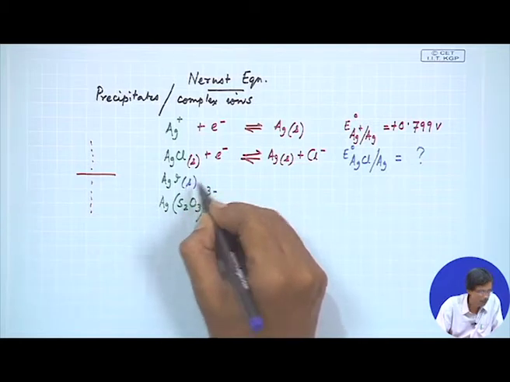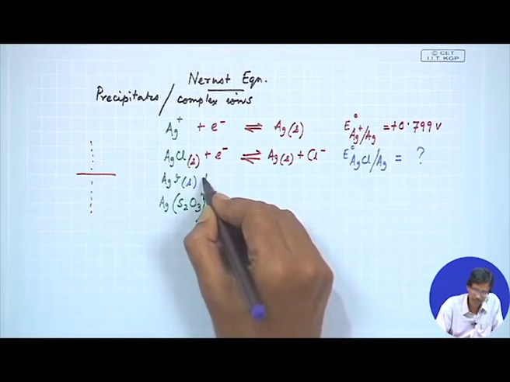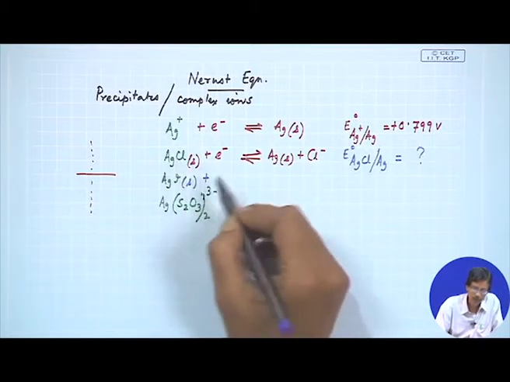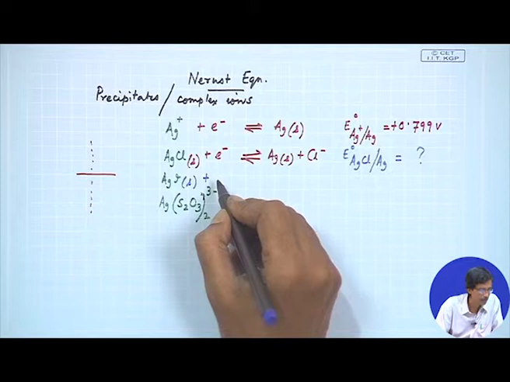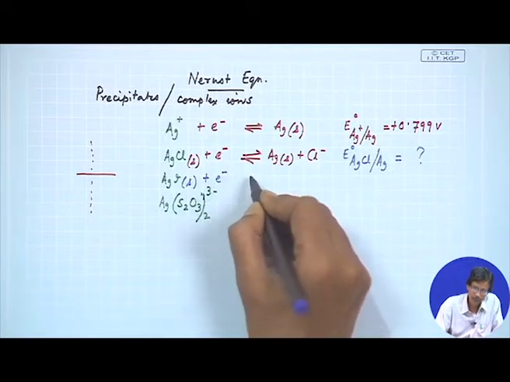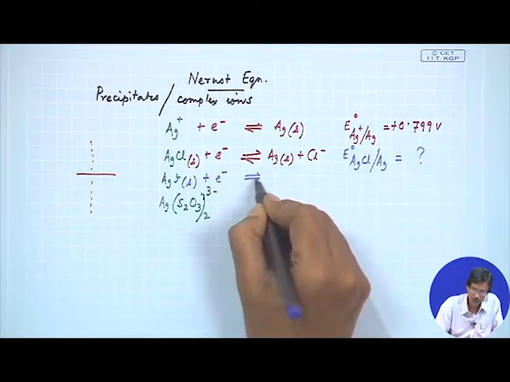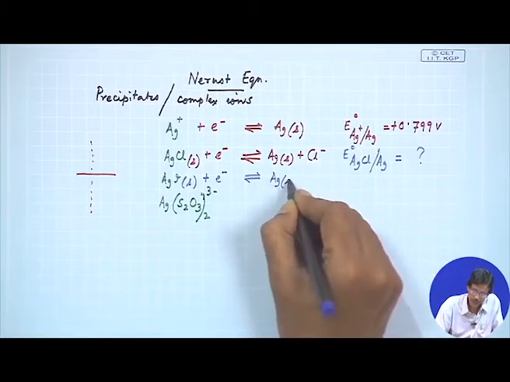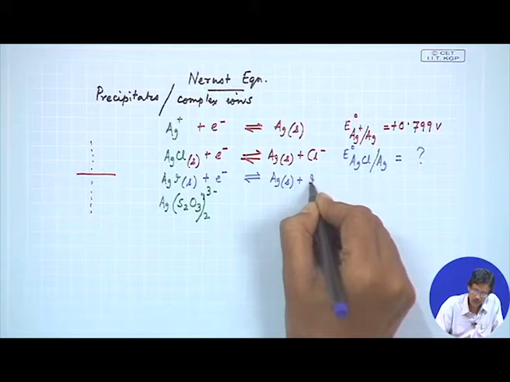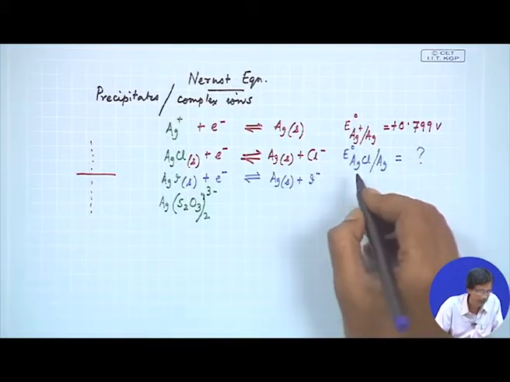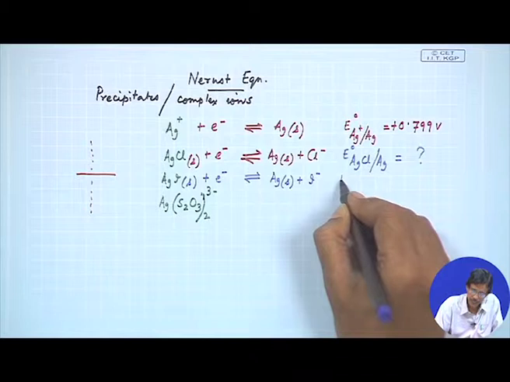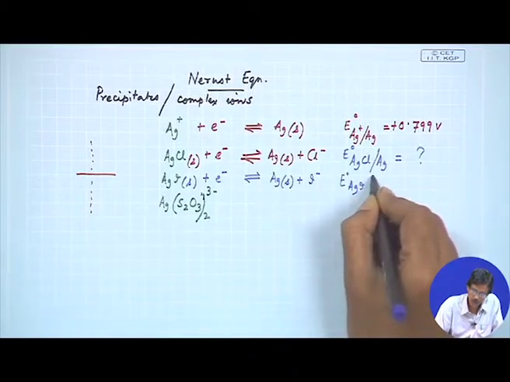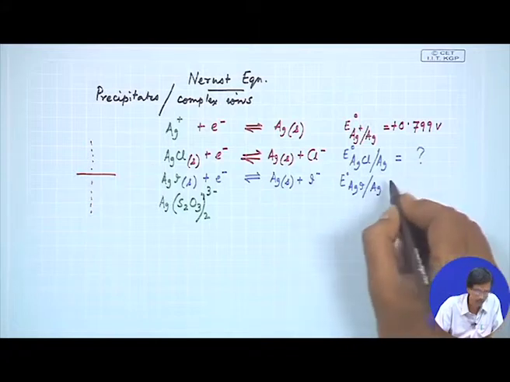Similarly, the solid silver iodide, we know, is the corresponding analytical test for the silver ion. When we add chloride or when we add iodide, it gets precipitated as the corresponding silver iodide salt. So, in the same fashion it can also give silver solid and the iodide ion, and here this E0 value also is for silver iodide and silver electrode.